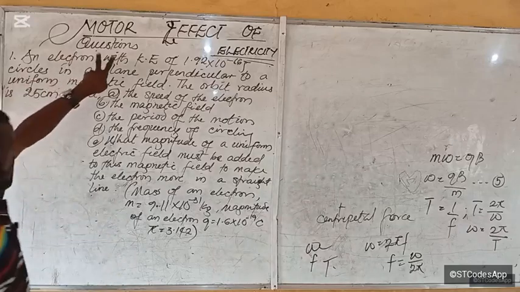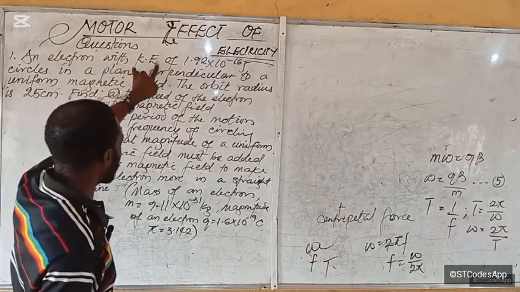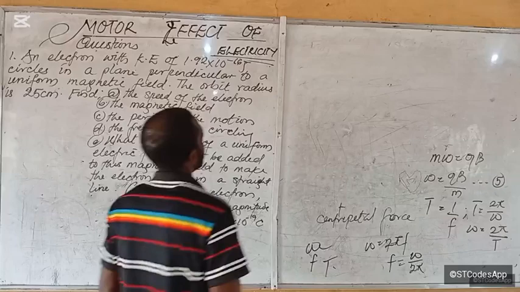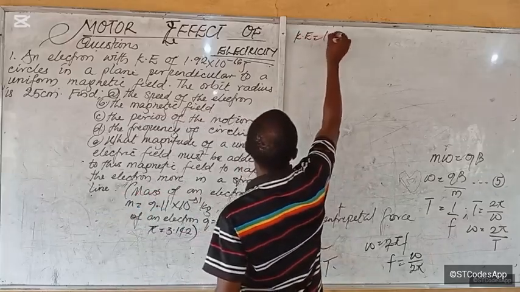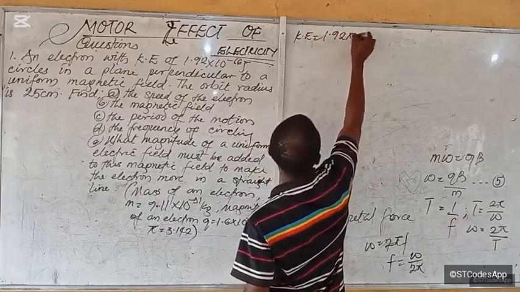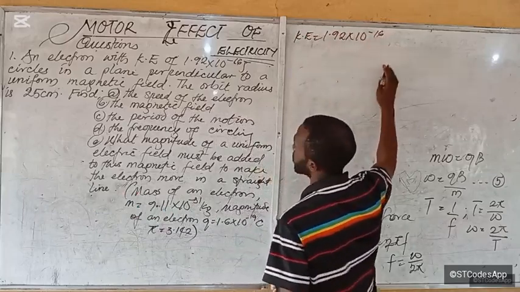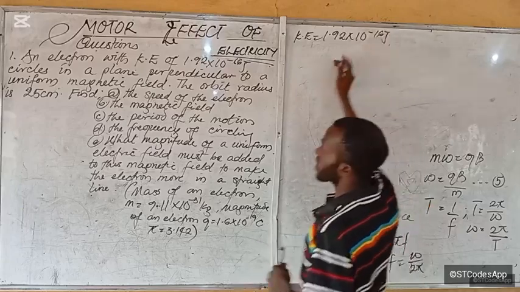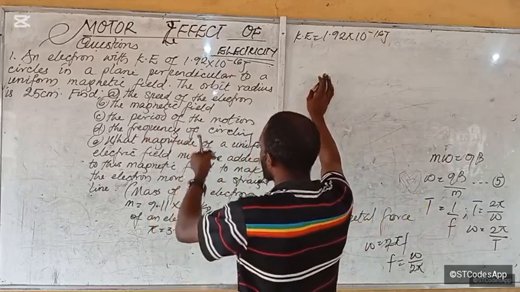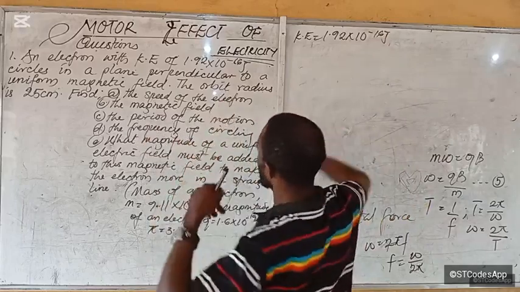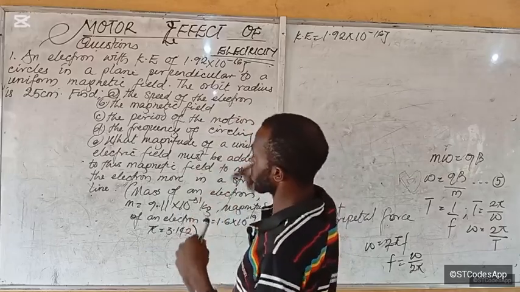An electron with kinetic energy of 1.92 times 10 to the power minus 16 joules cycles in a plane perpendicular to a uniform magnetic field. So it's going round and round in circles, right?